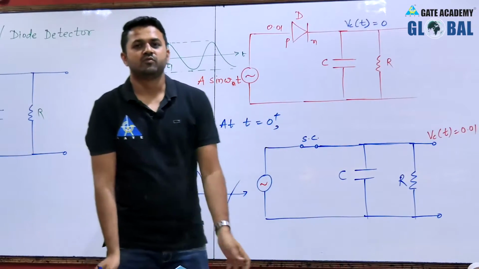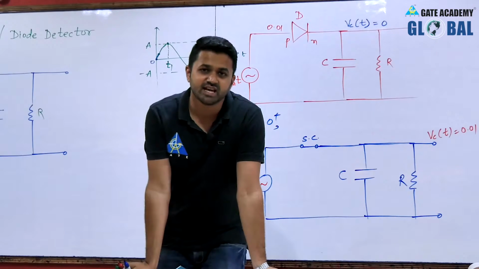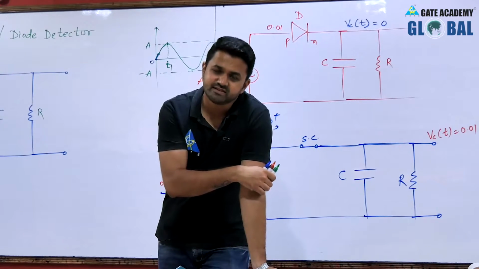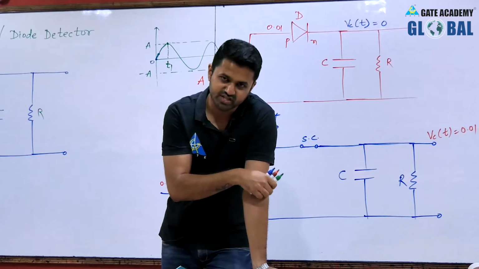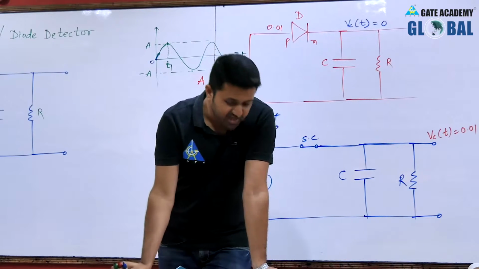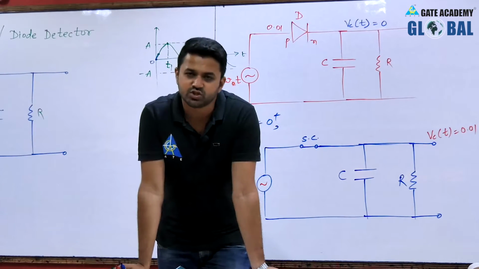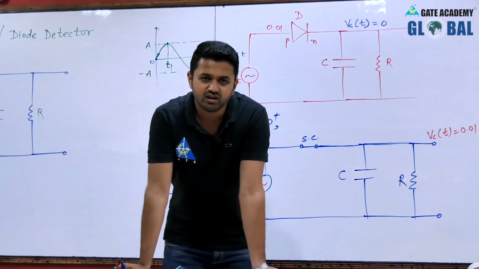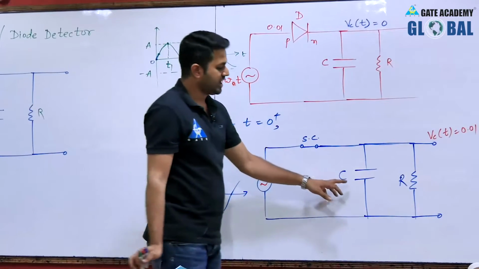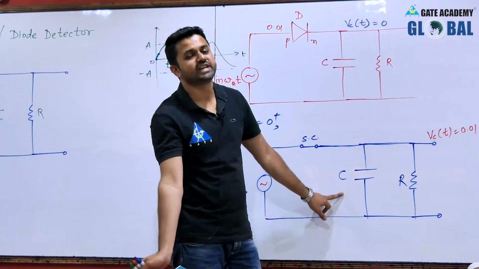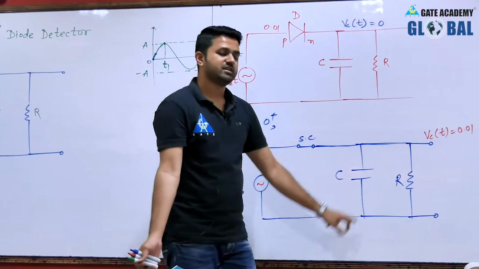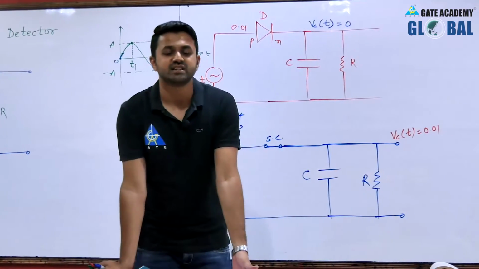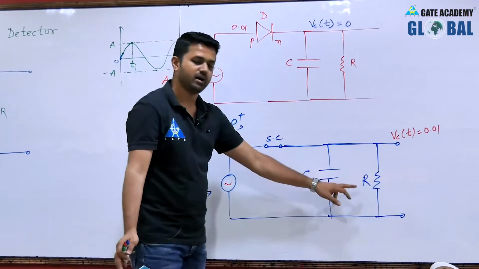So the voltage at the N side is greater than the P side, then the diode will be reverse biased, and when the diode is reverse biased, it will be open circuited, and the capacitor starts discharging through the resistance R.